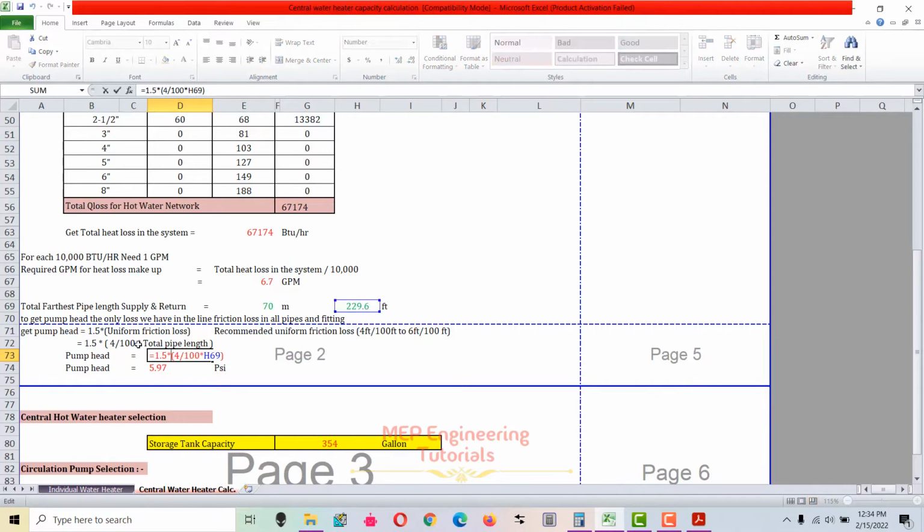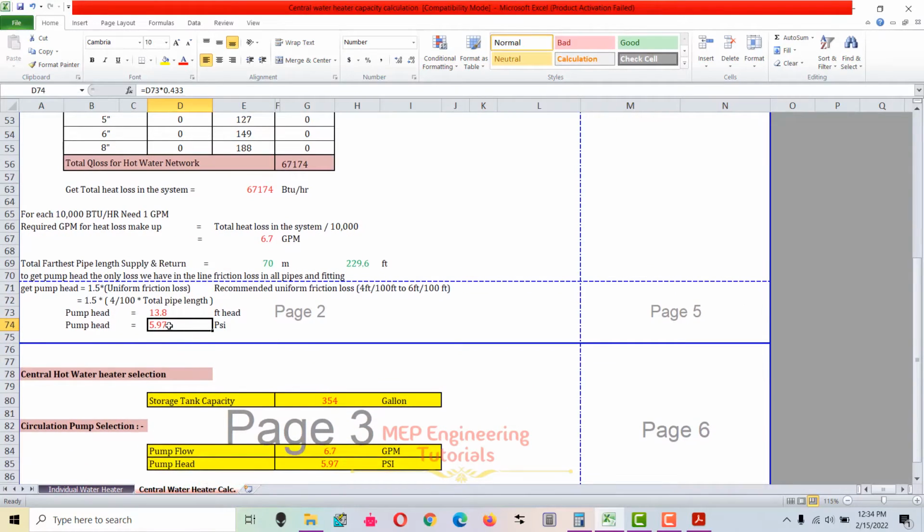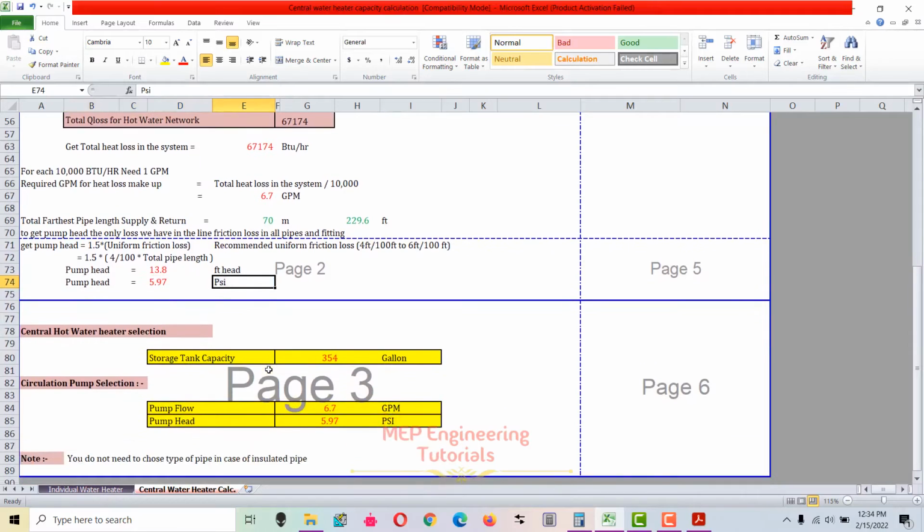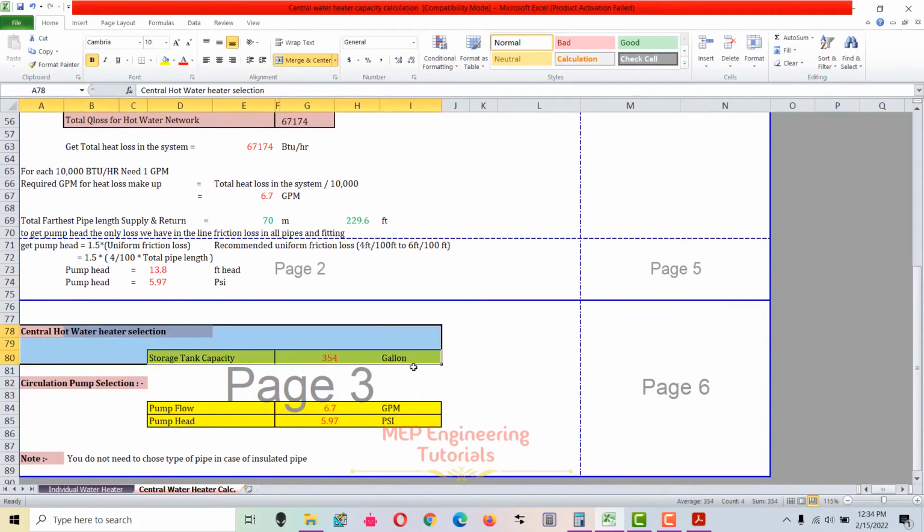After putting all the values you get the pump head of 13.8 feet head. If you want to convert this into psi, just multiply with 0.433, and you will get the pump head in psi, that is 5.97 psi.